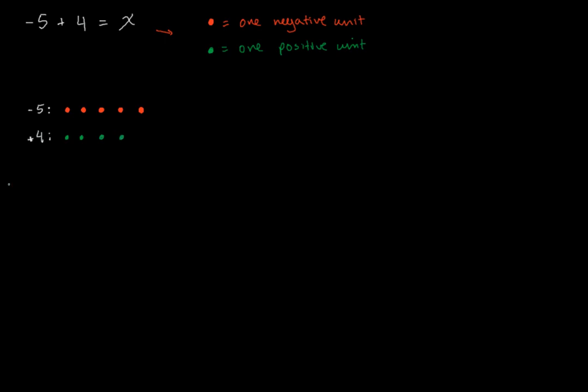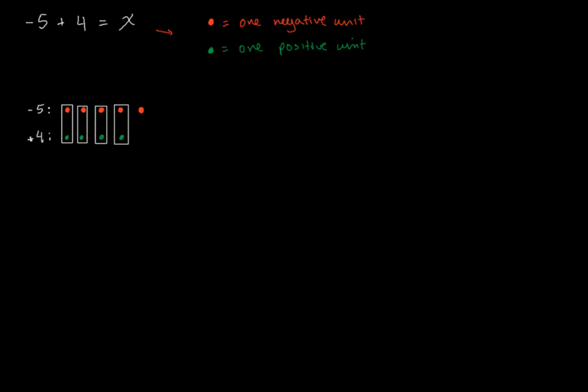And what I want you to do is every time that you write a problem like this, I want you to pair off every negative unit with a positive unit or vice versa. So in this case, we've got one negative unit and one positive unit there, one negative and one positive unit there, one there, and one there.